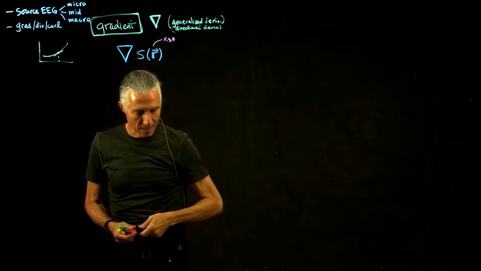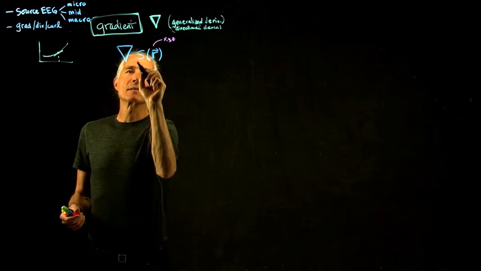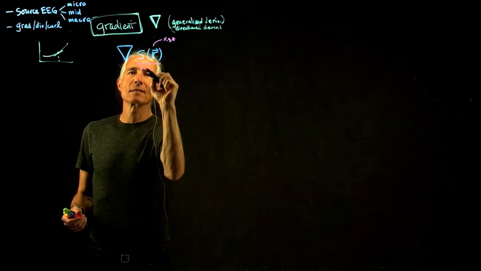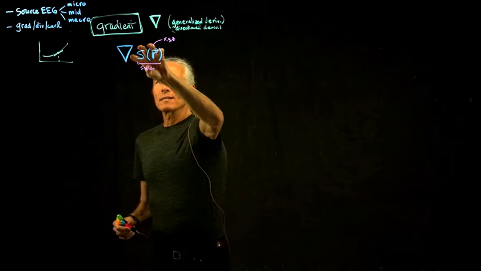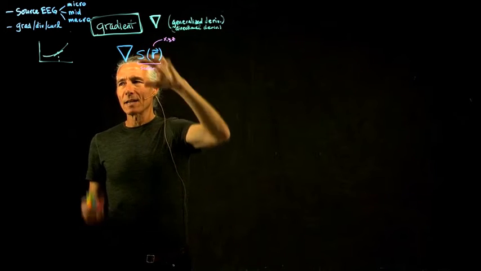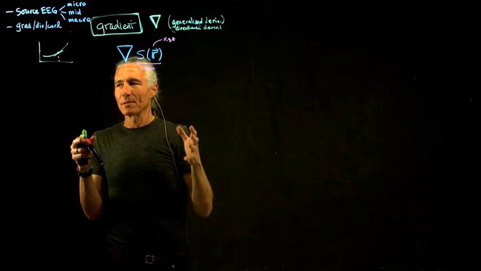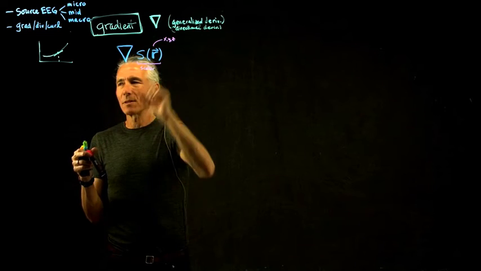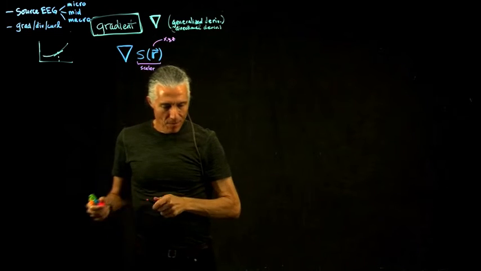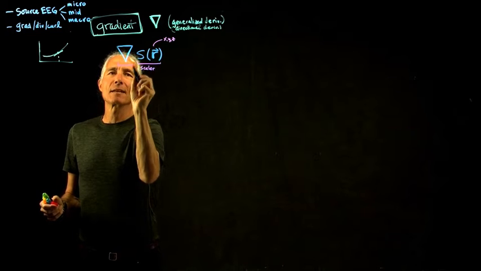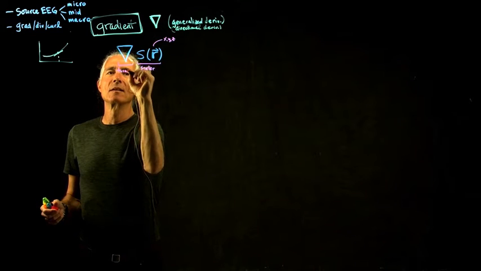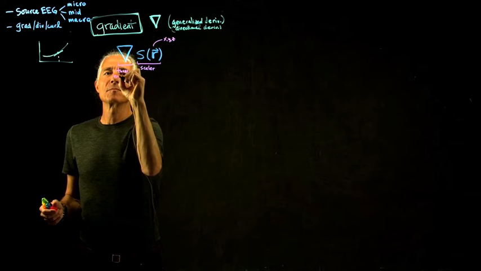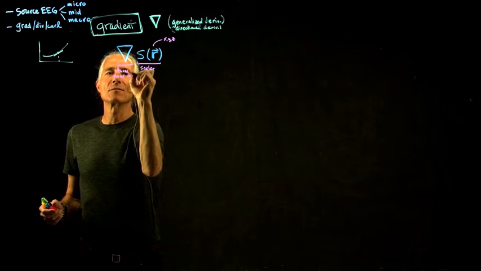So this whole thing is a scalar. This part of it means you've just got a volume of numbers, at each point in the volume there's a number. And this operator, the gradient operator, turns numbers into vectors.